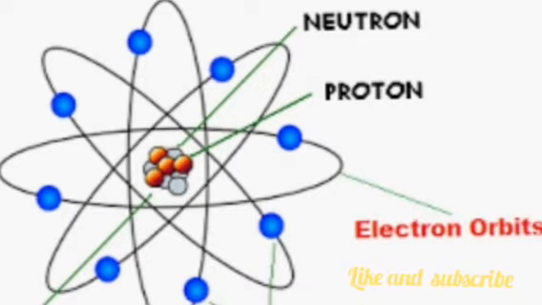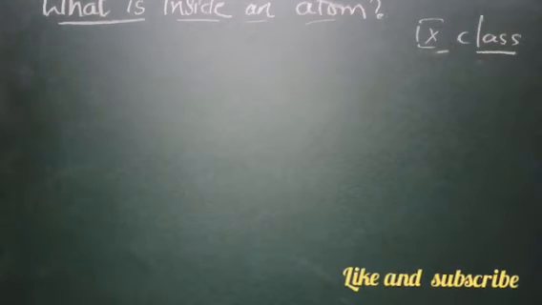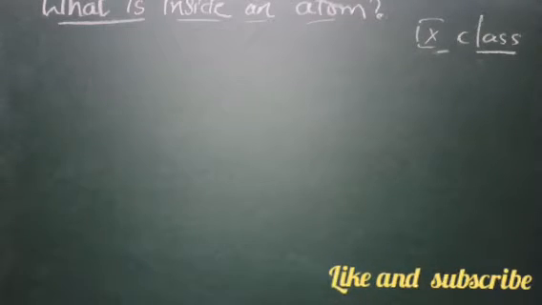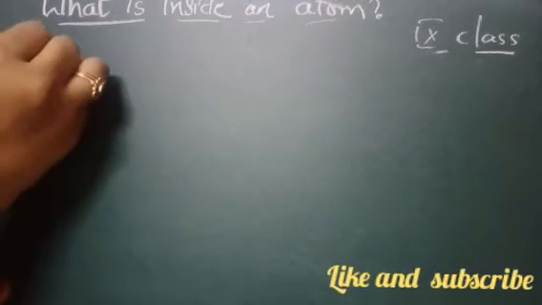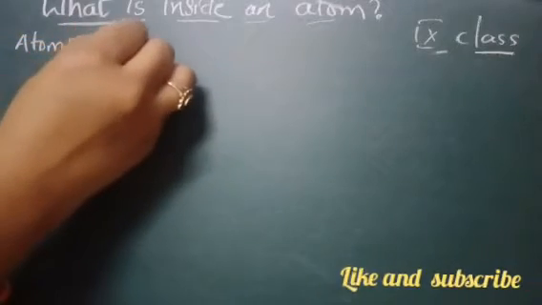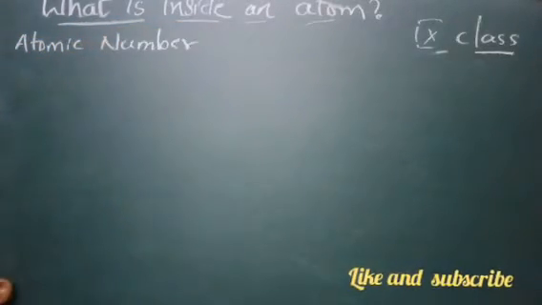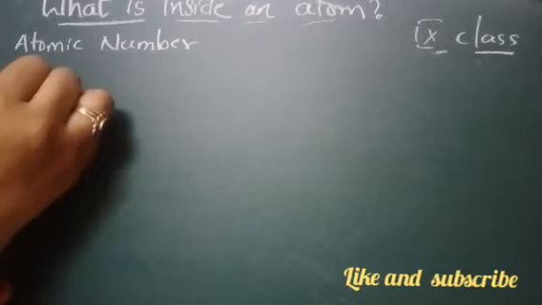This will be the last video of this topic, what is inside an atom. In this class we are going to learn about the atomic number and atomic mass number.